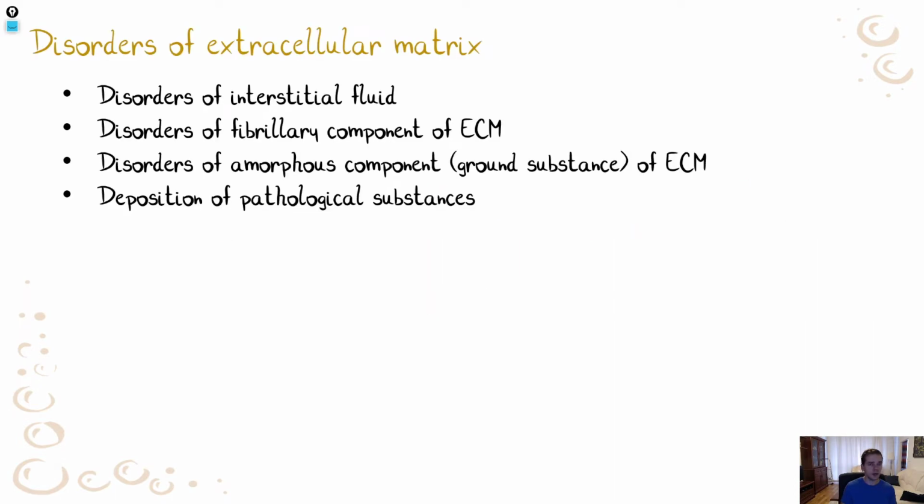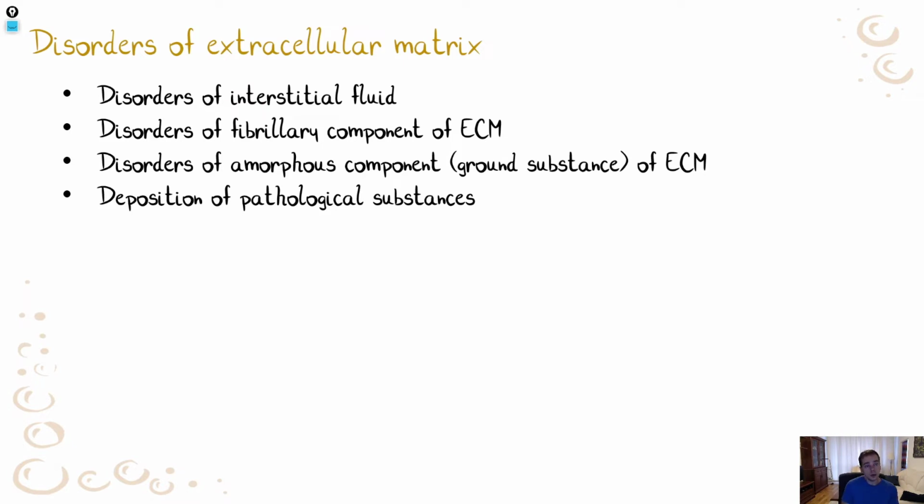Which components do we have here? There is some interstitial fluid, there is a fibrillary component, which means collagen, elastin, there is an amorphous component or ground substance, which means mainly glycosaminoglycans.